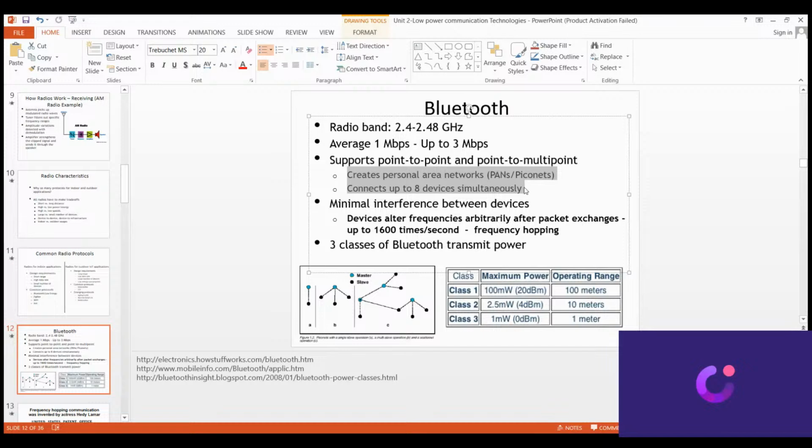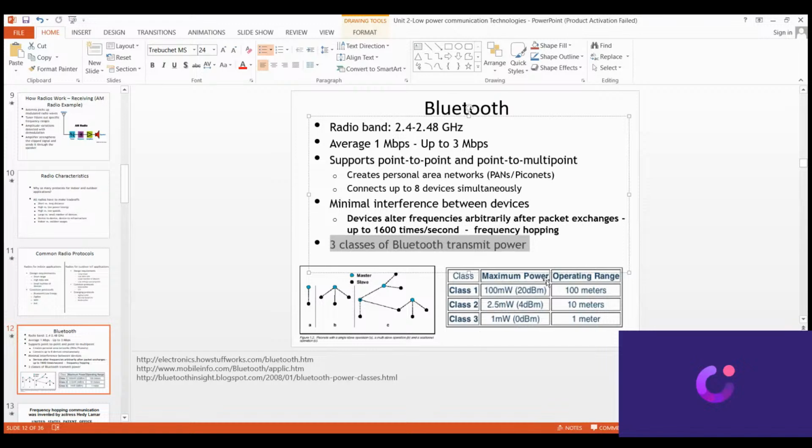In terms of minimum interference between devices, devices alter frequency arbitrarily after a packet exchange, up to 1600 times per second frequency mapping. And there are 3 classes of Bluetooth transmit power: class 1, class 2, as well as class 3.